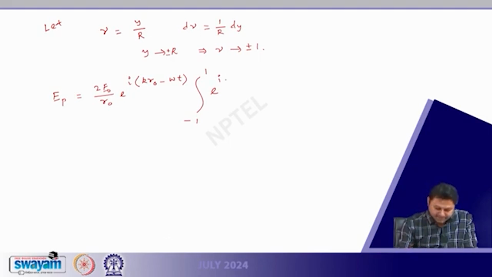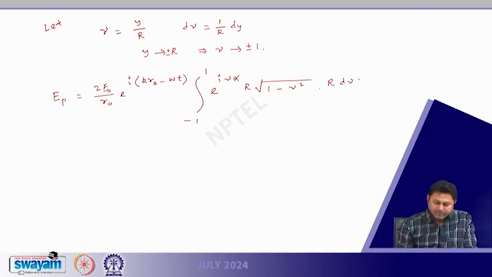So, I write it as alpha nu, and then I have r, if I take common, r root over of 1 minus nu square, and then dy is r into d nu.